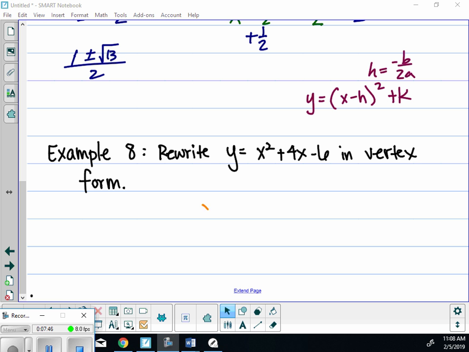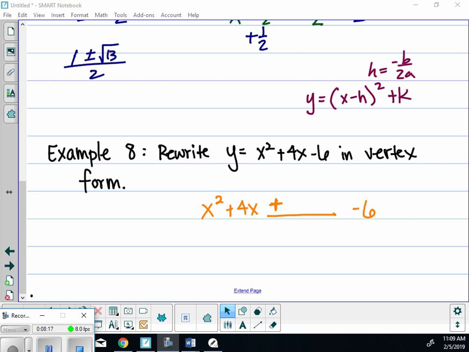What we're going to do is we're still going to leave that space to figure out what number we need to complete the square right there. But because I'm not solving this, I can't just move the 6 to the other side, so that's going to stay there. So what I'm going to end up doing is adding a number right here.